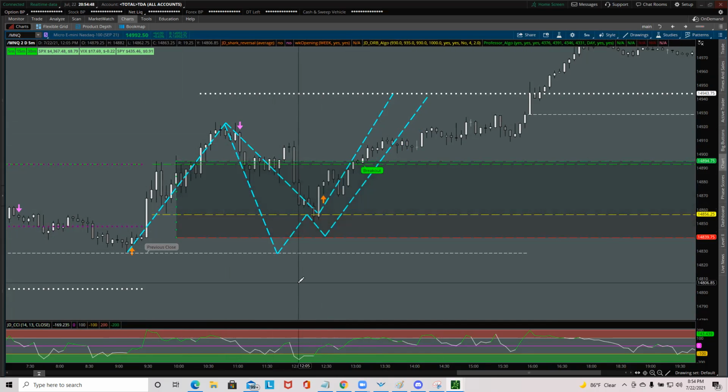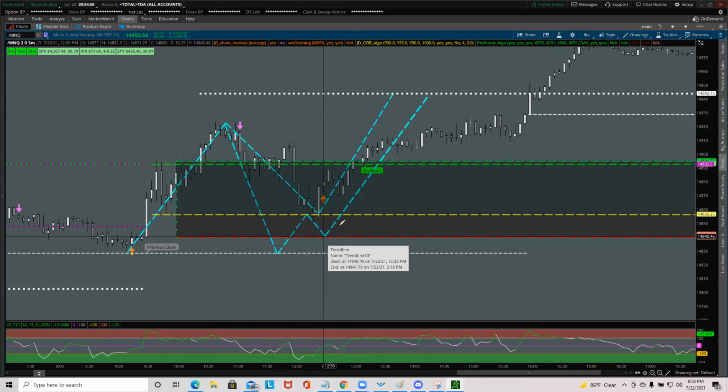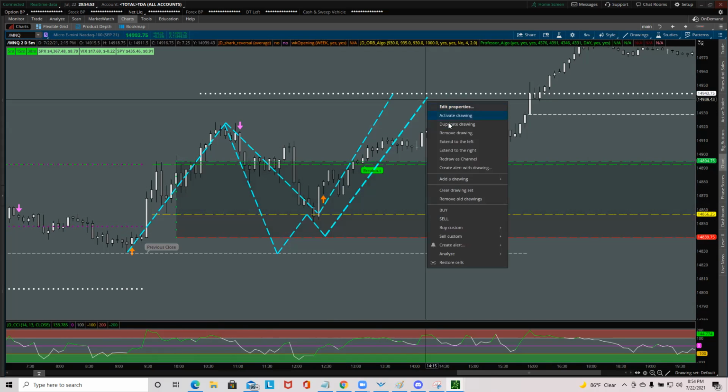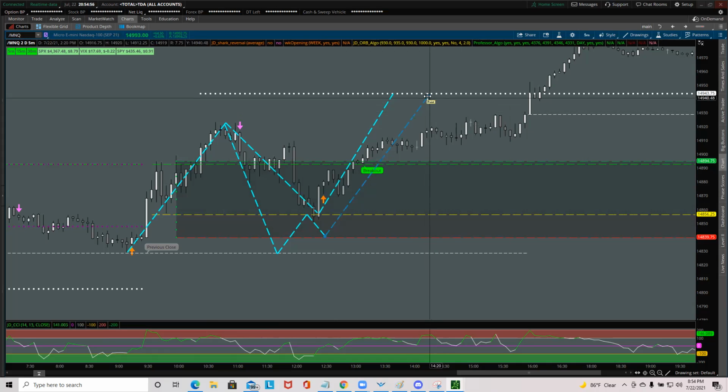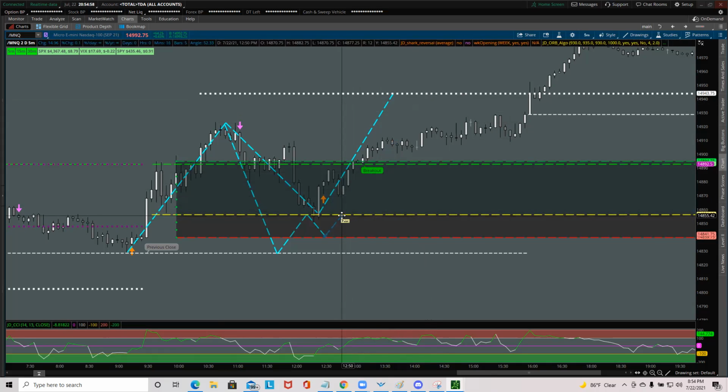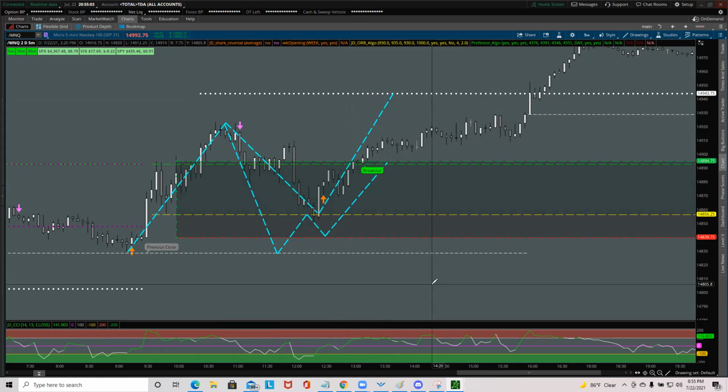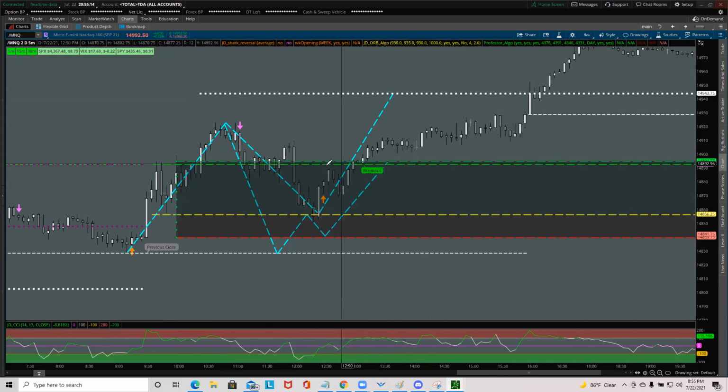The price already broke down, so there are not many guarantees it's going to go back up, because your initial target is the yellow line, a small target, or the top of the range. So that's the aggressive. Moderate would be this one right here, and conservative would be taking a trade right over here, which is the way the opening range breakout is supposed to work, because this is a breakout of the range. I've traded this enough to be able to teach you that you can trade it three different ways.